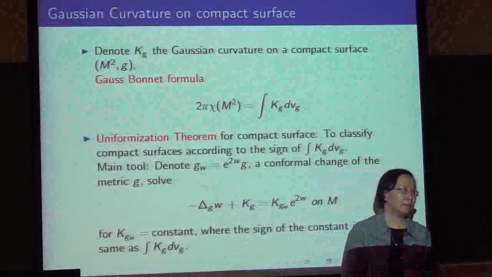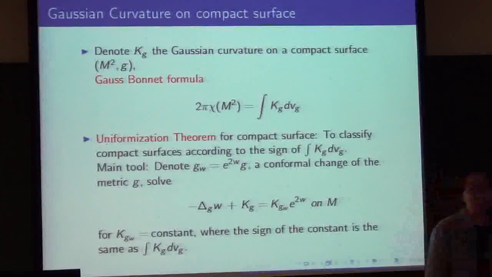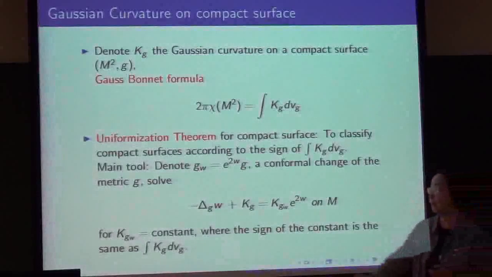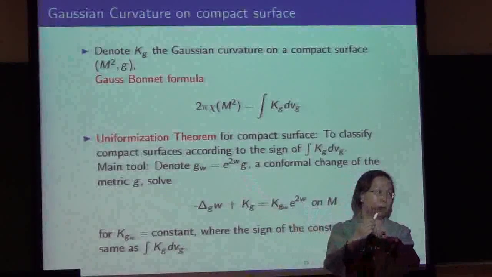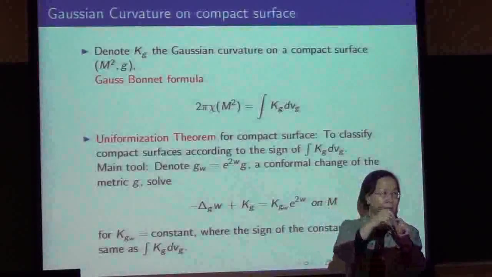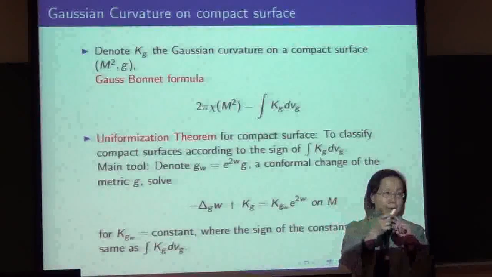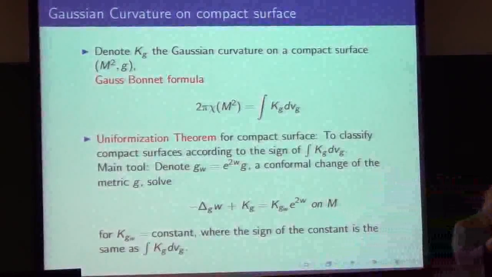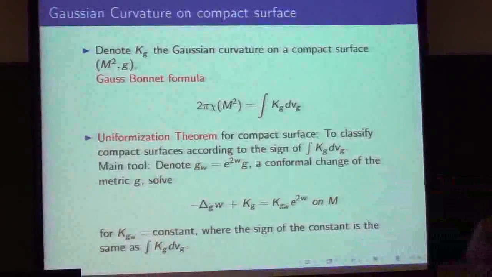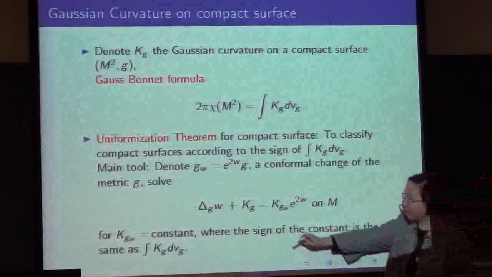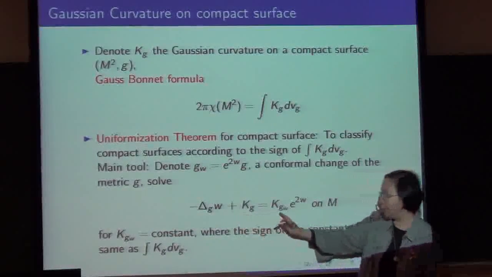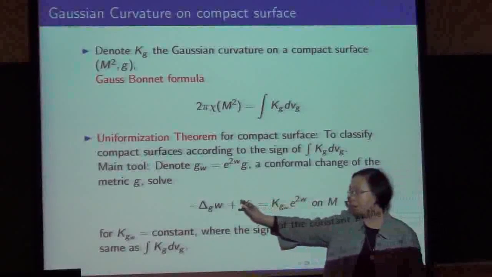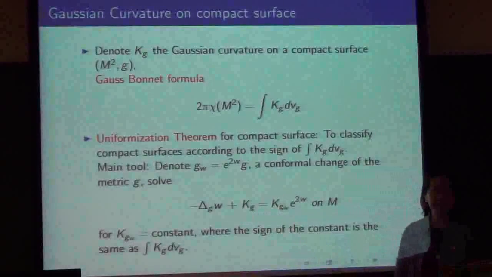This kind of changing of metric is called a conformal change, in the sense that you preserve the angle of two vectors. You only stretch the length of each vector, but you always preserve the angle of two vectors. Under conformal change of metric, w and K_{g_w} satisfy this PDE.